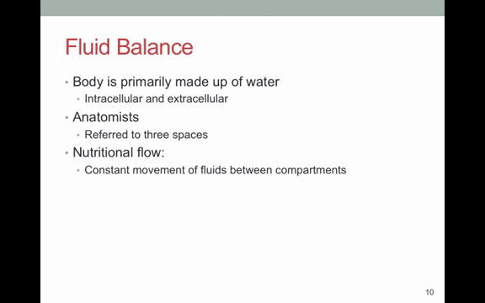Now, an anatomist refers to spaces, and this would be intercellular, extracellular, those kind of spaces. There's only 3 spaces as far as an anatomist is concerned. The first space is fluid inside the cells, and that would be intracellular. The second space is fluid in the actual bloodstream, and that would be the intervascular space.